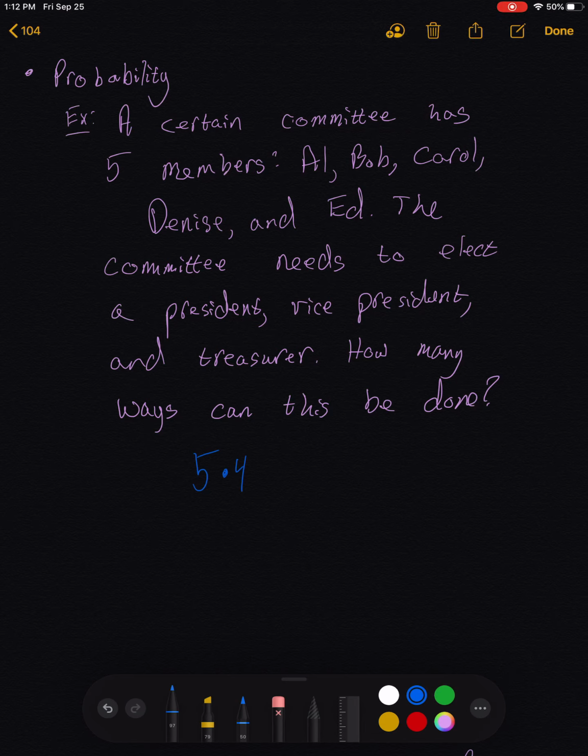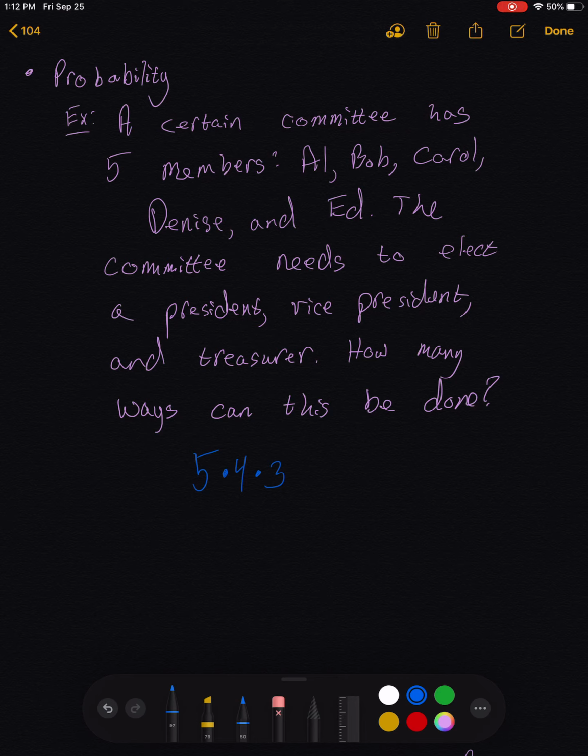Then we want to choose our treasurer, and now there are only 3 people remaining in the pool because one person has already been elected president and one person has already been elected vice president. And this is it. So we have 5 choices for president, 4 choices for vice president, and 3 choices for treasurer. And this tells us how many different choices we have all together for our committee of president, vice president, and treasurer.